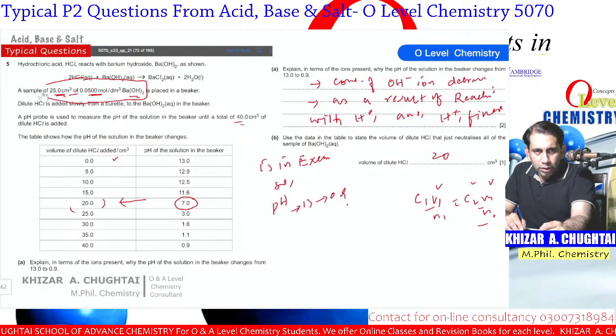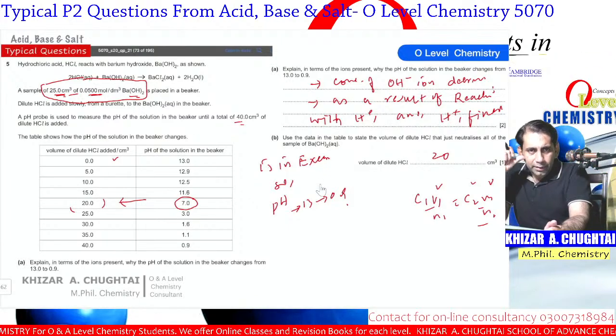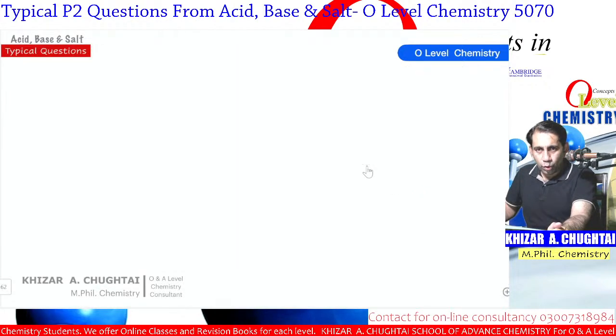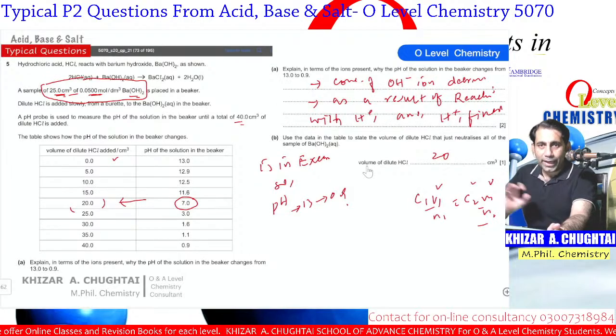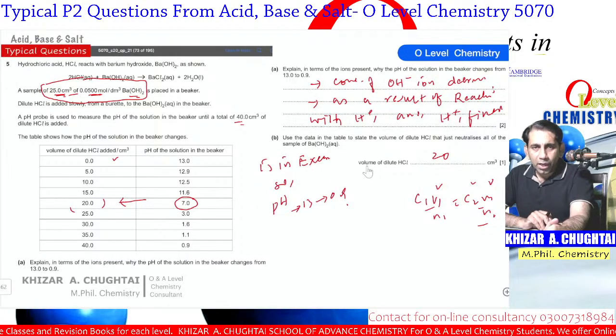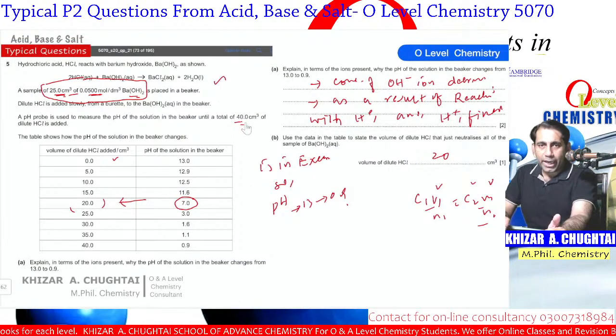This one, you can find the moles of this one. Volume is over here. And is there any sort of mole of acid? I think there is no mole given in this way. So we will have to calculate the number of moles of the acid from this equation by unitary method.